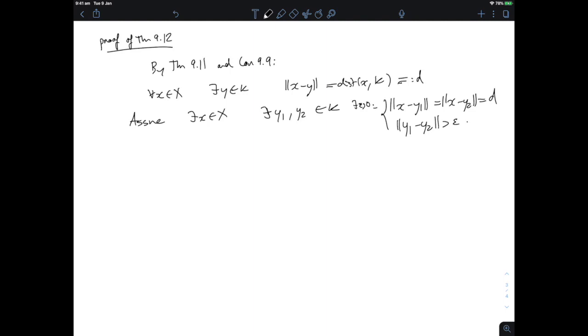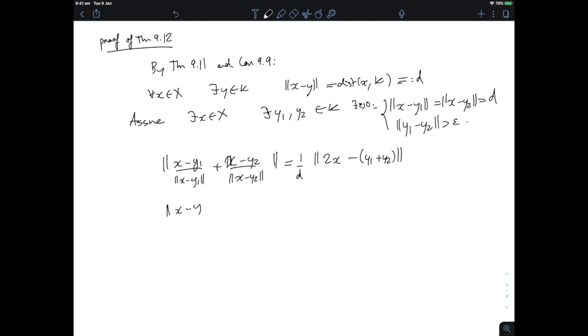Right. Now, let's have a look at x minus y1 divided by its norm. It's a vector of norm 1. Plus x minus y2 divided by its norm. That's another vector of norm 1, and they sum to 1 upon d times (2x minus y1 minus y2).